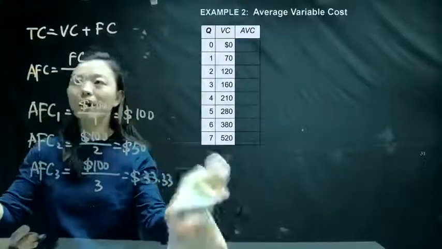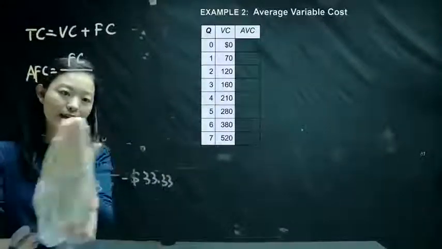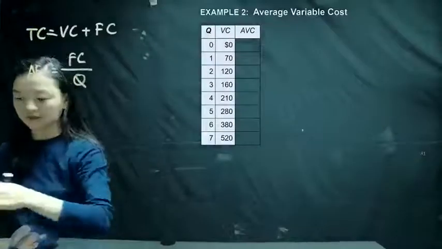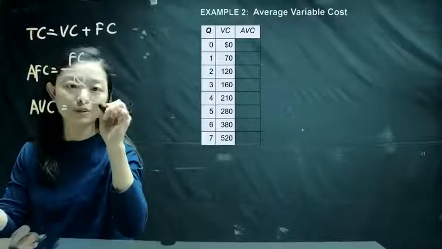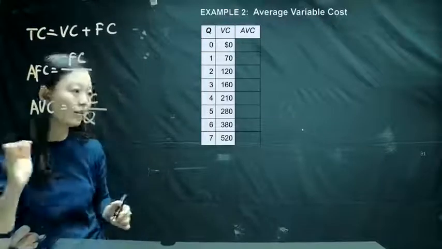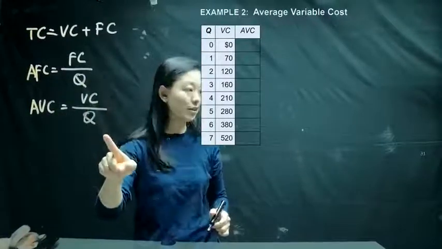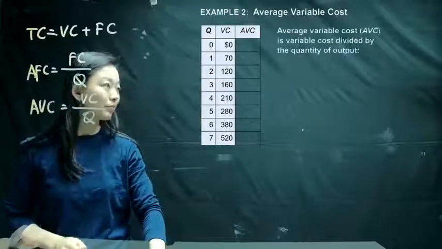Very similar to average fixed cost, we can get the formula to compute average variable cost. Average variable cost is just equal to variable cost divided by quantity, okay? So let's see.